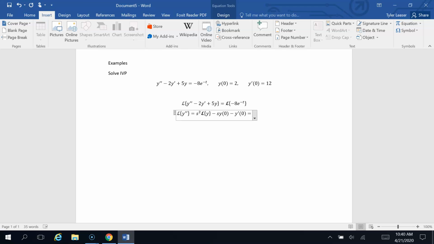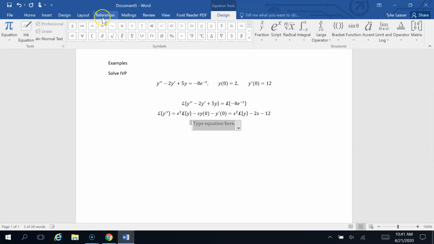Okay, and we can go ahead and substitute the stuff in here, right? So that's going to be s squared times the Laplace transform of y, we can't do anything about that. In fact, that's what we're trying to solve for. Minus s times y of 0, which is going to be a minus 2s, minus the derivative at 0, which is going to be a minus 12. All right, so that's just the Laplace transformation of the second derivative there.